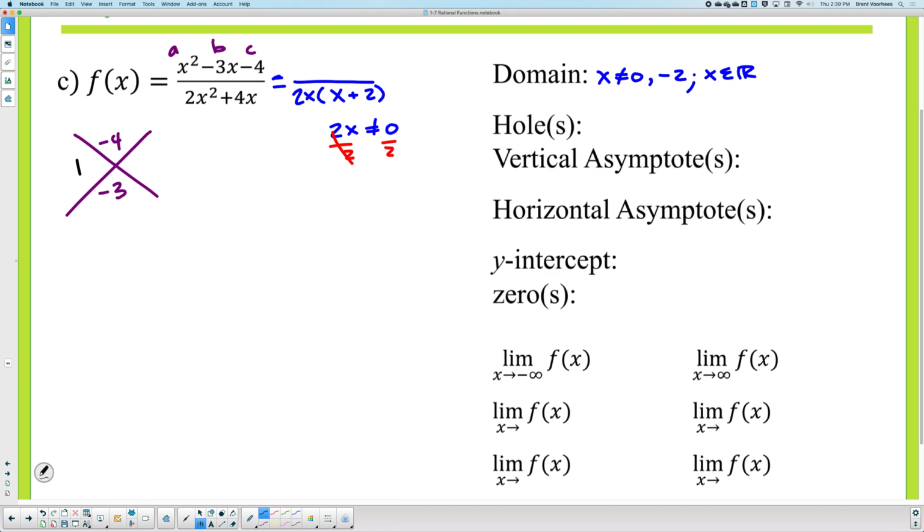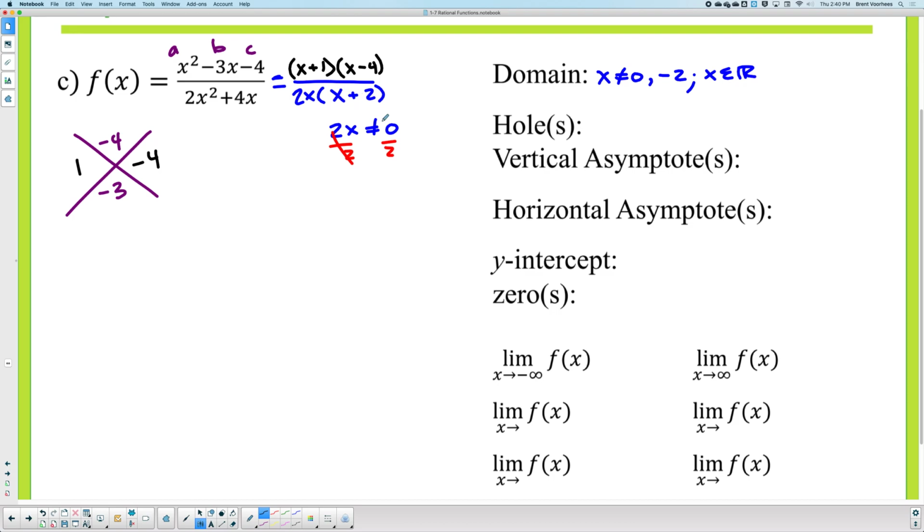Now let's figure out the negatives. Remember, the options are you can have a negative positive, a positive negative, positive positive, or negative negative. Which way gives us a -3? 1 minus 4 is -3. Good. We split the middle term, so it should become x plus 1 and x minus 4.